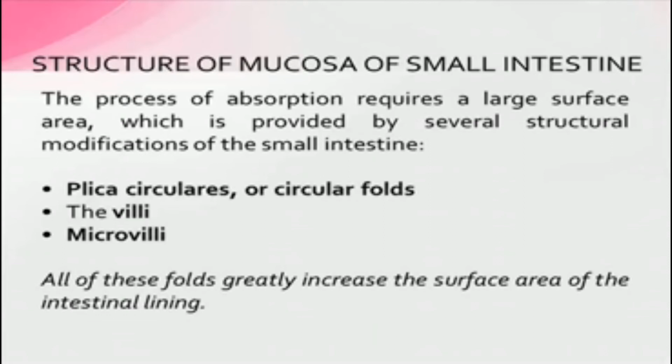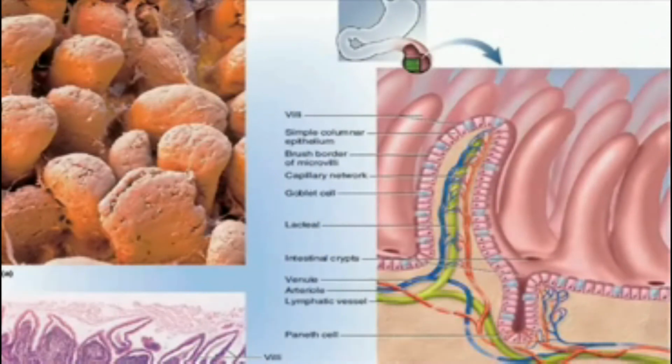Each columnar cell, except the mucus-secreting goblet cells of the villi, also has microvilli on its free surface. These microvilli are microscopic folds of the cell membrane and are collectively called the brush border. All these folds greatly increase the surface area of the intestinal lining.